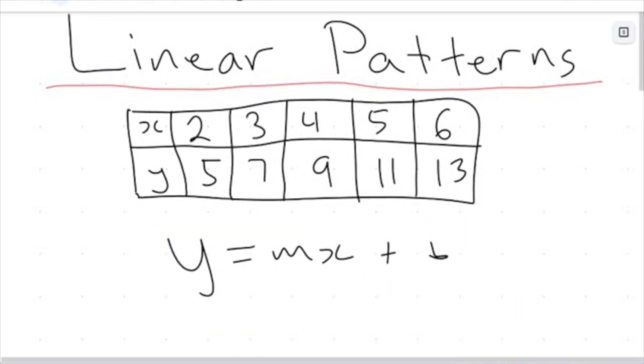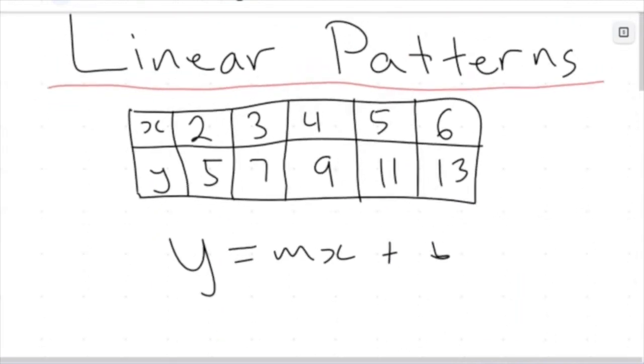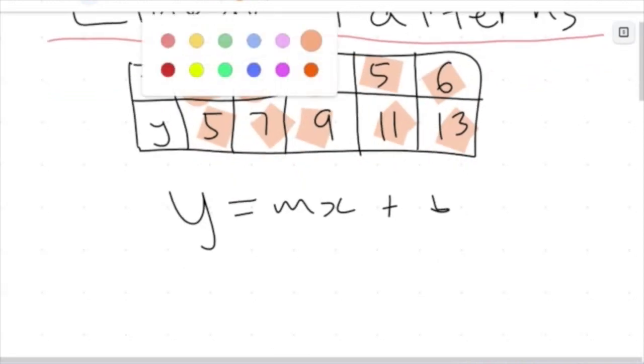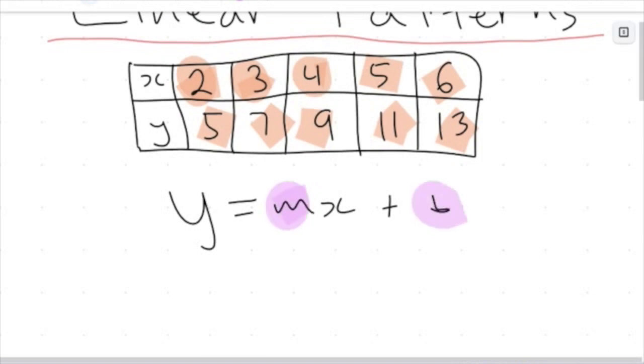And in doing this, I want to try to relate these variables from my x's to my y. And in doing so, I'm going to get some numbers that I can substitute into here.